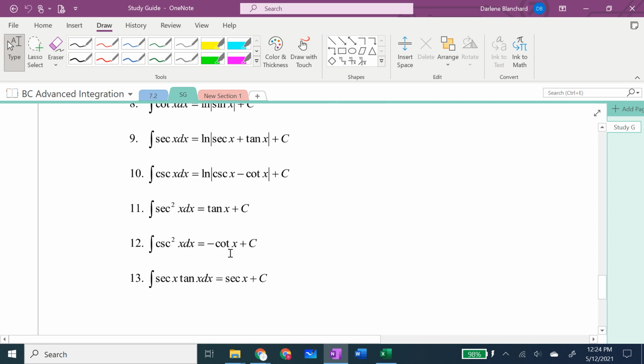Cosecant squared is the answer to taking the derivative of negative cotangent. Secant times tangent is the answer to taking the derivative of secant, and then I realized that I was missing that the integral of cosecant cotangent would be what? Negative cosecant. So the integral of cosecant cotangent would be negative cosecant.